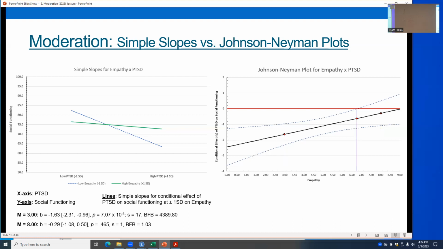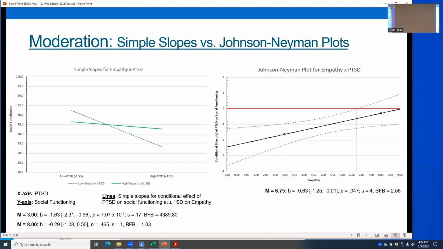Right here's where the upper bound of that confidence bound hits that 0 point. We know if a confidence bound contains 0, then by our rules, we don't technically have evidence for an effect. So right here, if I look through my plot, this is about 6.75, right? So at an empathy score of about 6.75, this is when PTSD stops holding an association with functioning, okay?